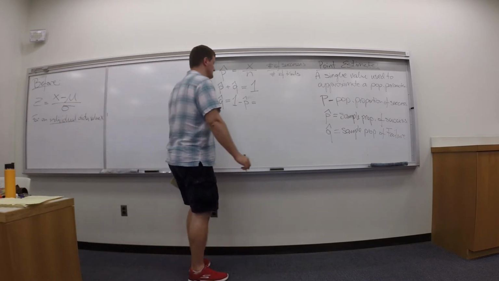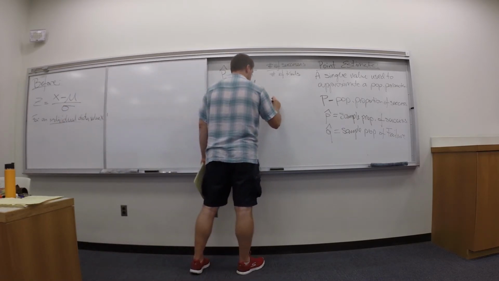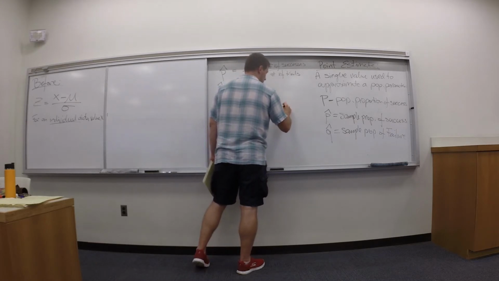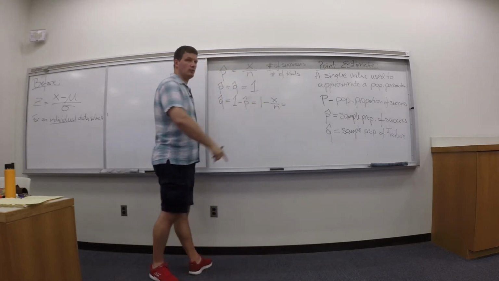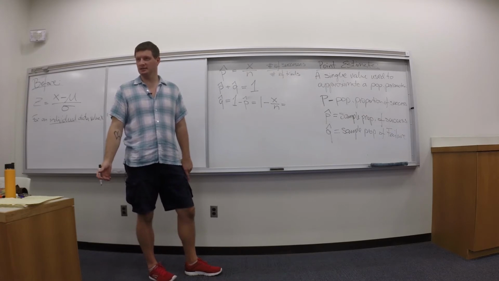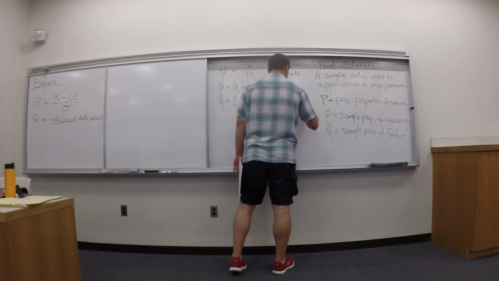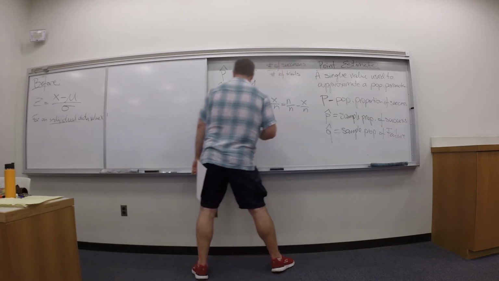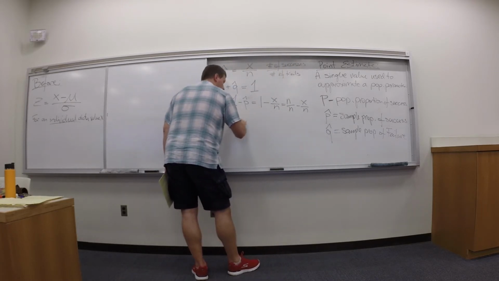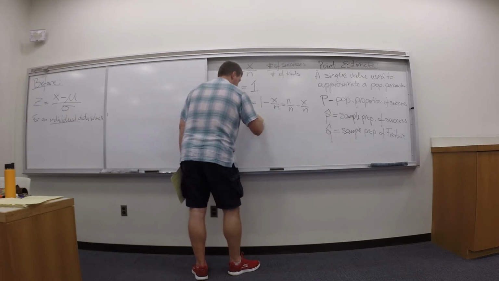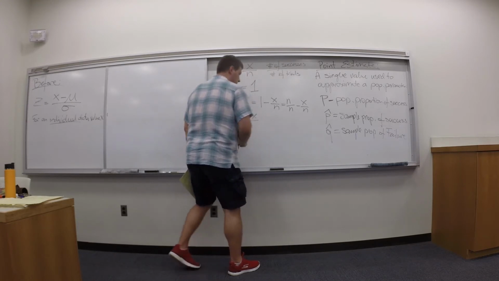Well, P hat is x divided by n. So this is 1 minus x divided by n. We can change 1 into n divided by n, which is 1, right? So this is n divided by n minus x divided by n. And so what we get as Q hat is n minus x divided by n.